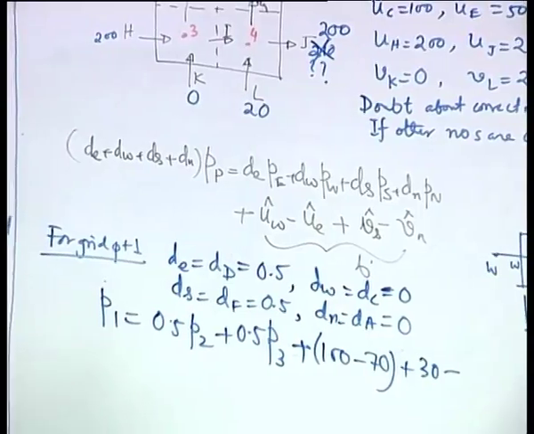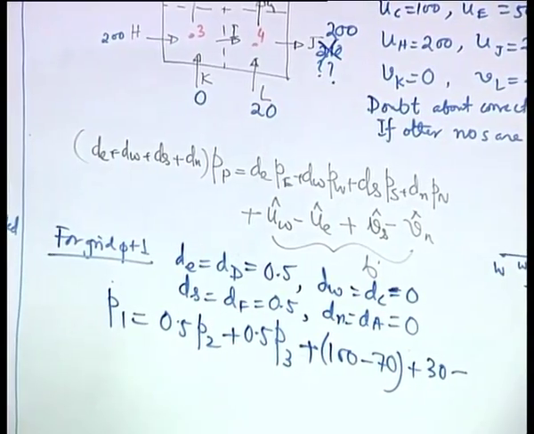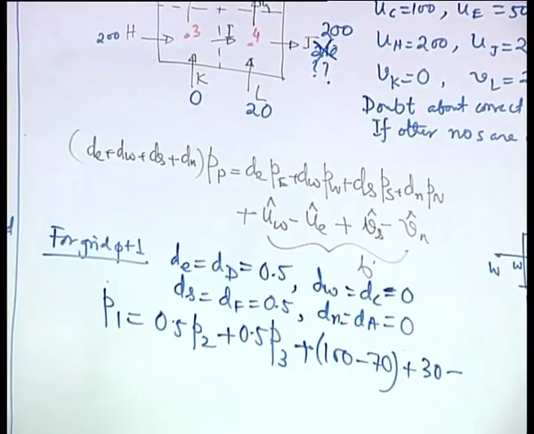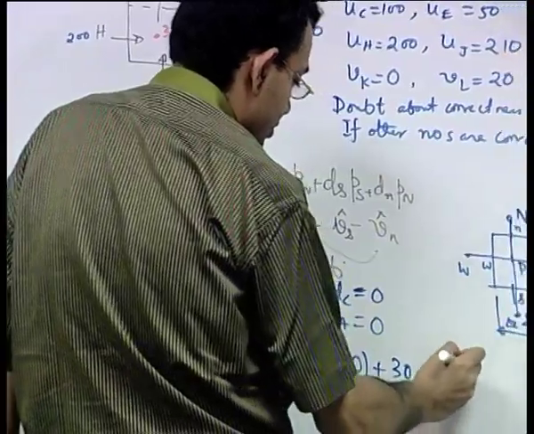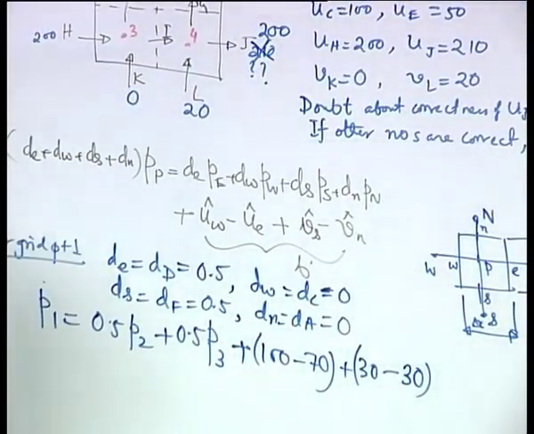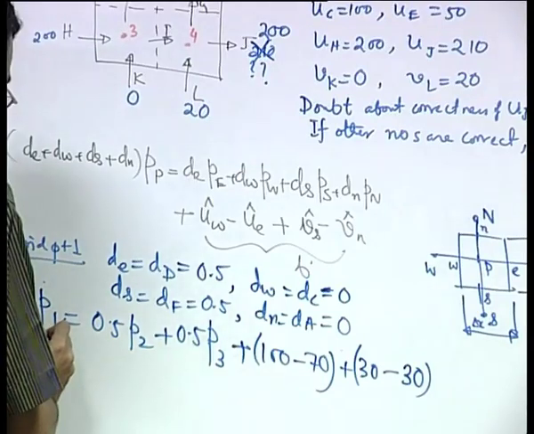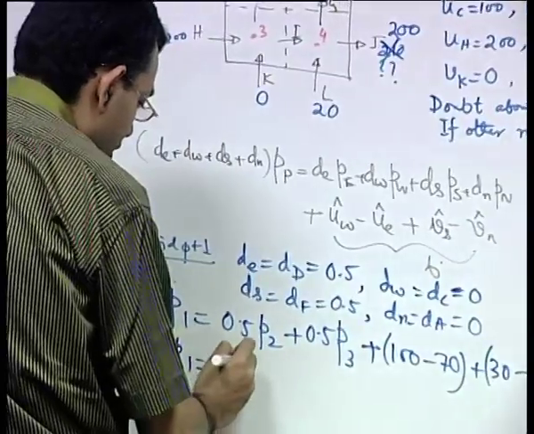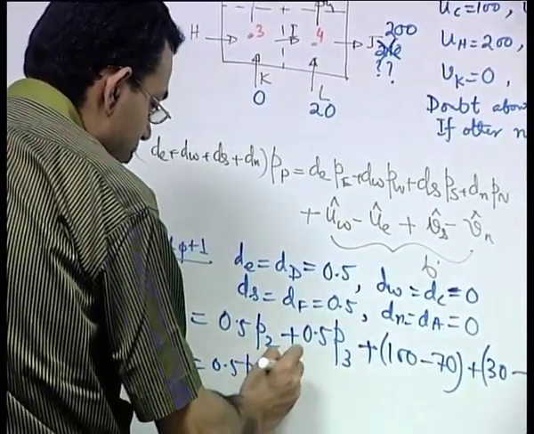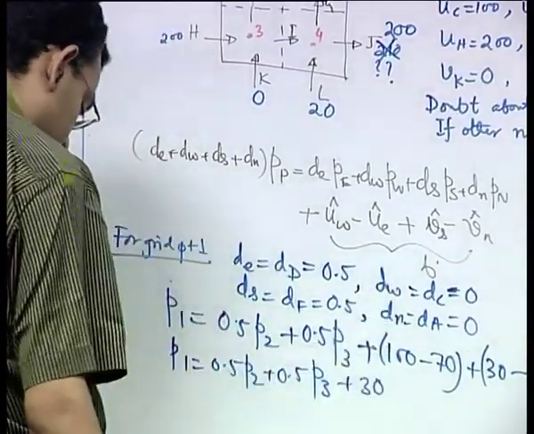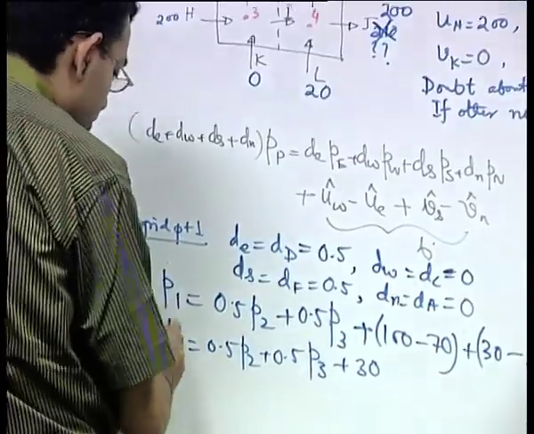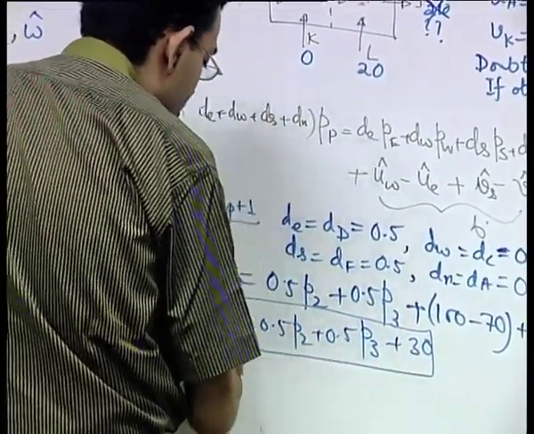What is VN hat? VN hat is equal to VA, that is equal to 30. So if you simplify, you will get P1 is equal to 0.5 P2 plus 0.5 P3 plus 30. This is the governing equation for P1.